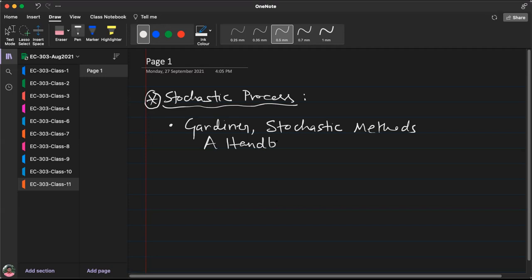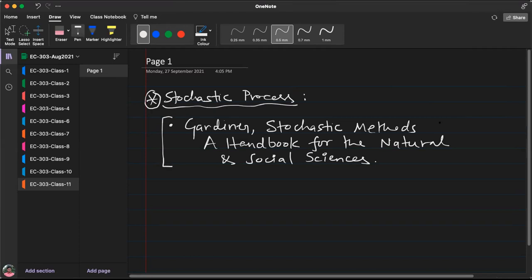This is considered a sort of golden handbook, truly. It covers a lot of ground in a rigorous way. When I say rigorous way, I mean a way that's acceptable to physicists. So certainly this is the book that you must refer to for an acceptable formal level of understanding stochastic processes.